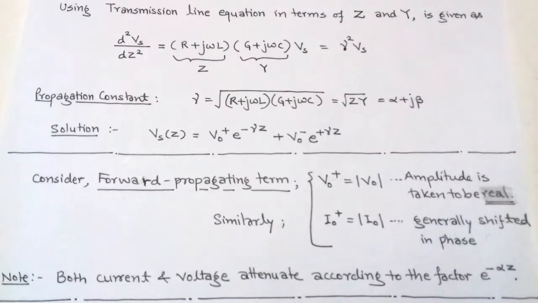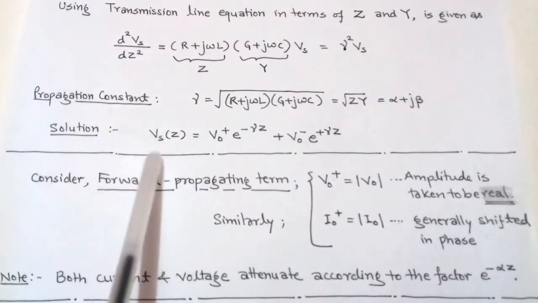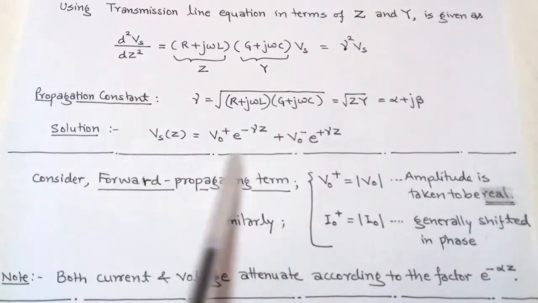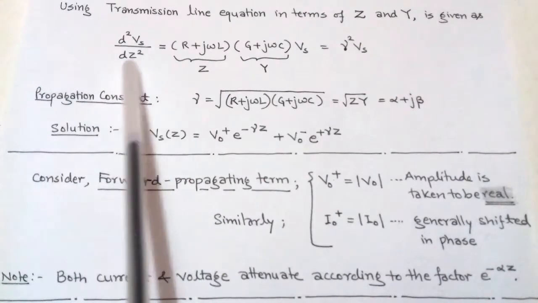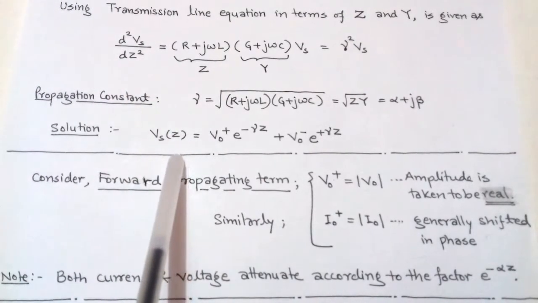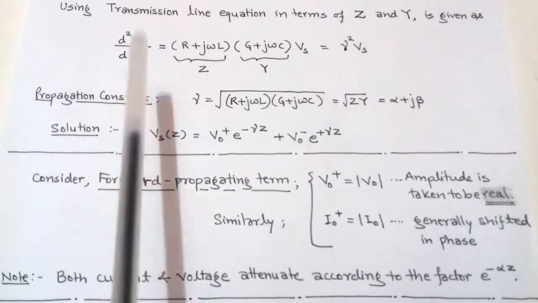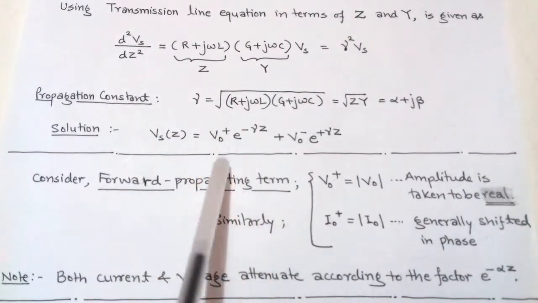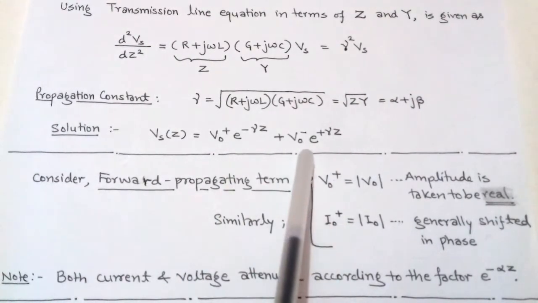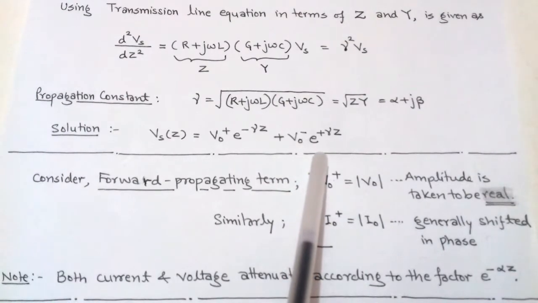Since this is a second order voltage transmission line equation, the solution of this differential equation is the voltage, that is a function of z only. And the solution of this second order voltage differential equation has two terms. First is V0 plus e to the power minus gamma z, and second is V0 minus e to the power plus gamma z.